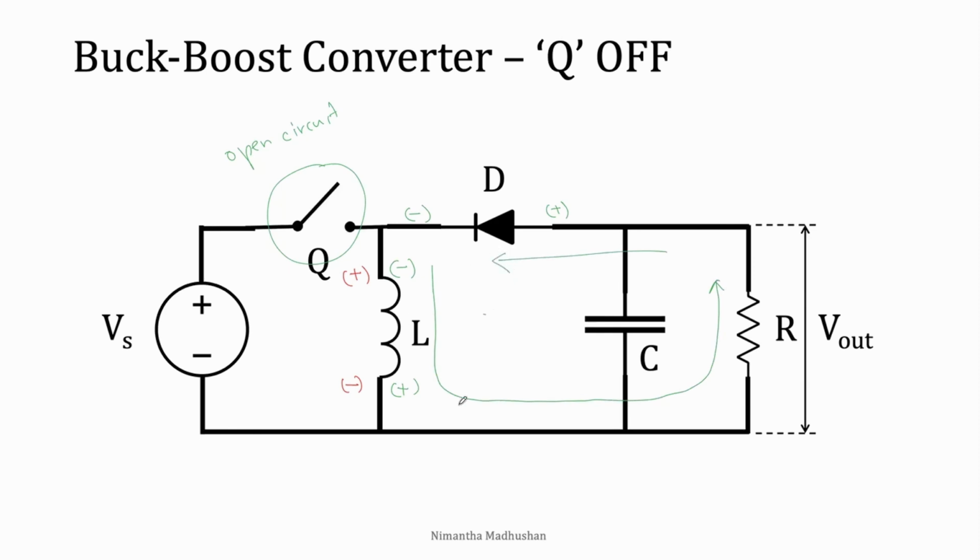This is the current path. Inductor releases its energy through this path. And if we consider the output voltage, positive voltage is applied to that point and negative voltage is applied to that point.